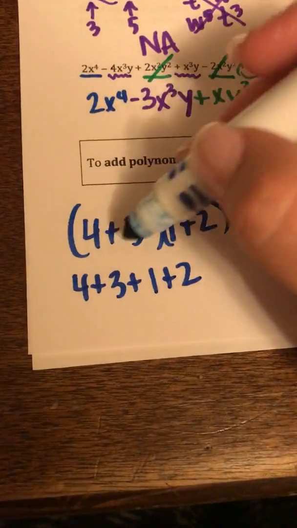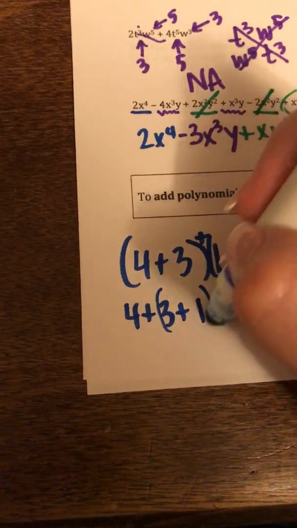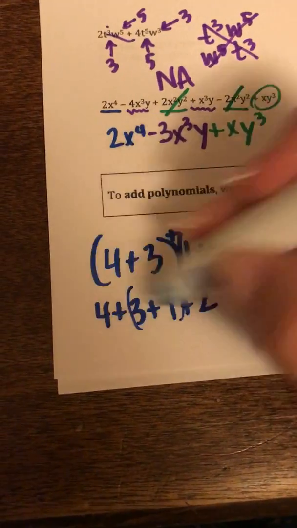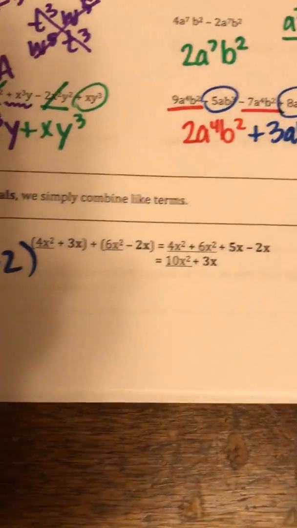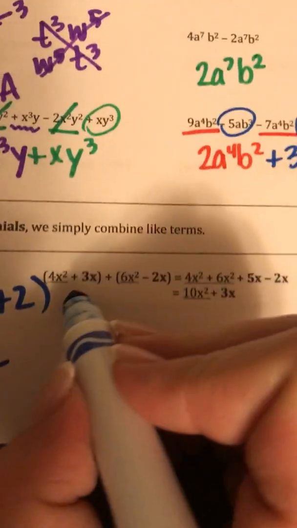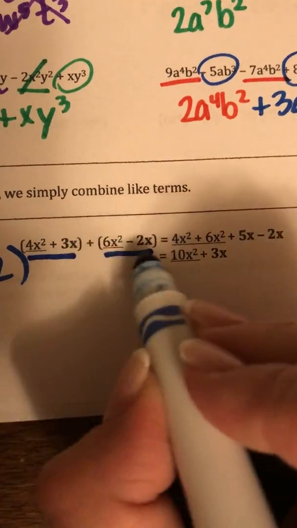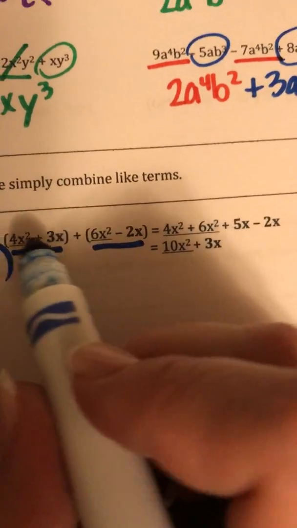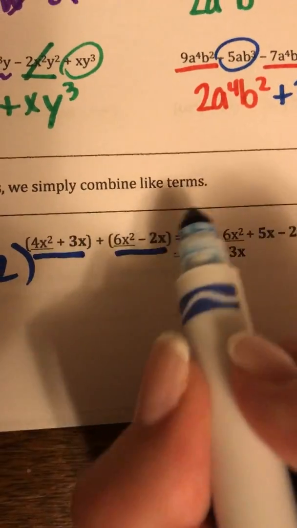Here I have the parentheses around the 4 plus 3 and the 1 plus 2, but I could put the parentheses here and do these ones first, and my sum will be the same. So if we have two polynomials put together like this, with these two in parentheses and these two in parentheses, they're all addition, so we can add them all together.